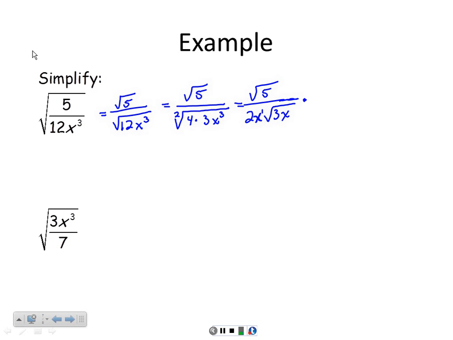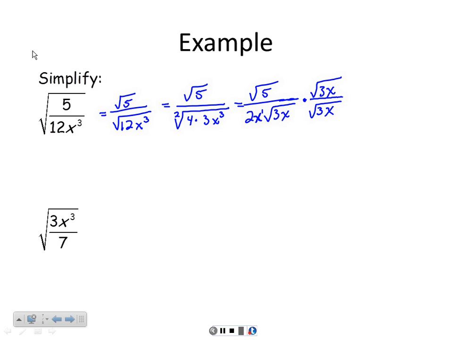So we're going to multiply the top and the bottom by something that's going to give us perfect squares. So to make the 3 go to a perfect square, I'm going to multiply by 3, because 3 times 3 is 9, so I can take the square root of that. And then if I multiply x times x, that's going to give me x squared, so I can take the square root of that as well.